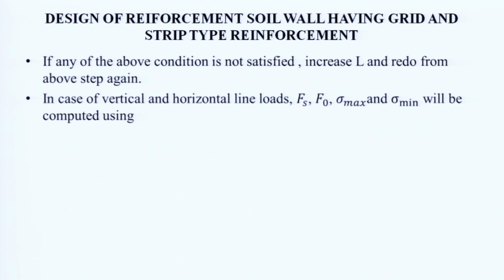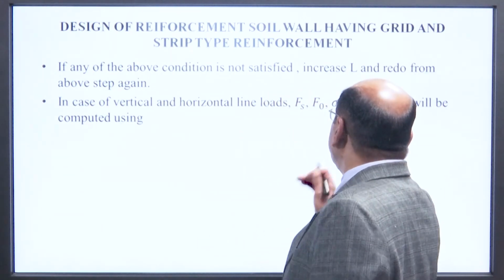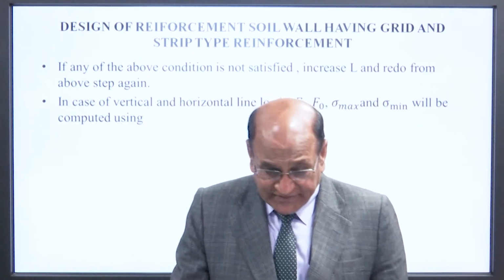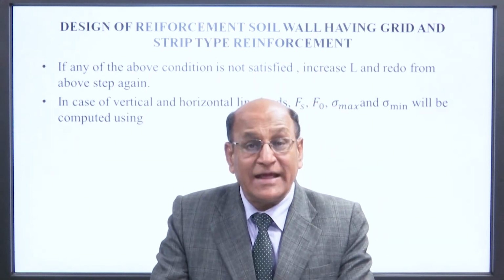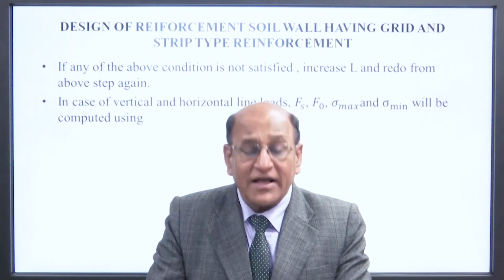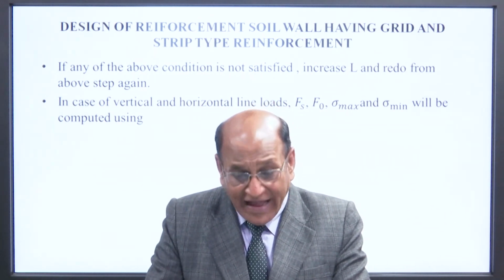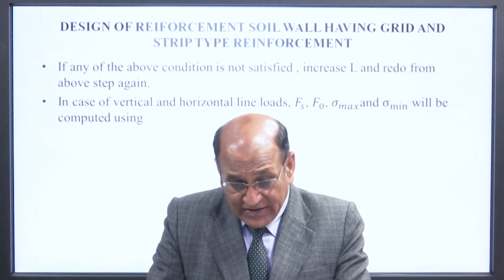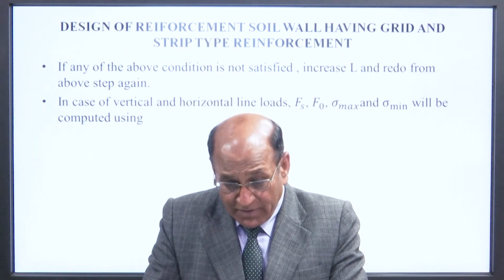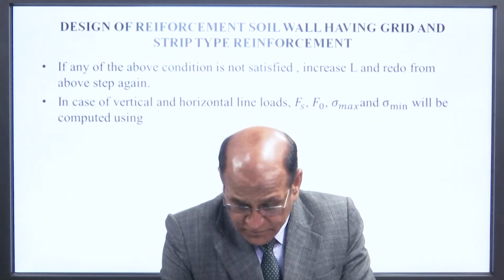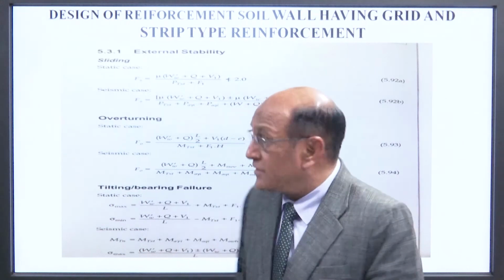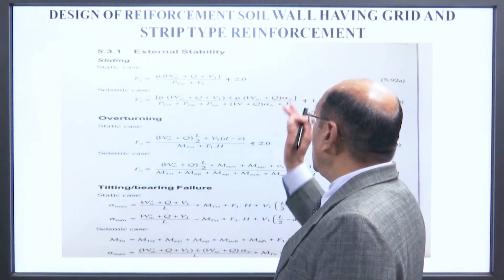If any of the above conditions is not satisfied, then increase the length first and redo from the above step again. In case of a vertical and horizontal line load, Fs, F0, sigma maximum and sigma minimum will be computed this way.